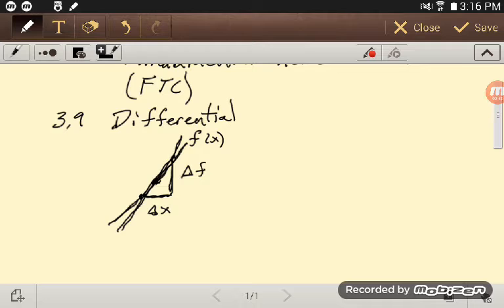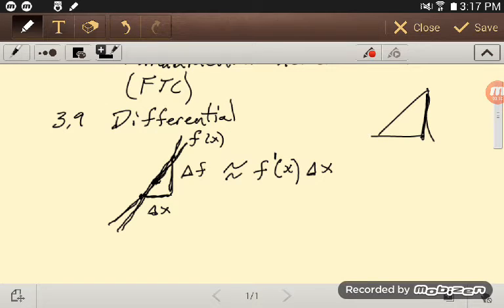Now, because the tangent line is so similar to the function, what we would also know is that that change in f is approximately the same as taking our slope. What's our slope? That's f prime at our given x value, times the delta x. Think about that just with a straight line.